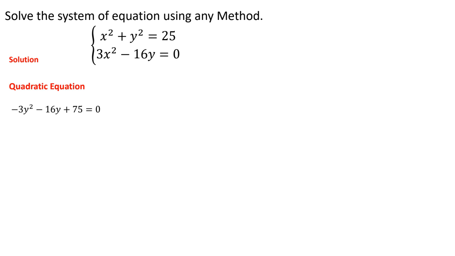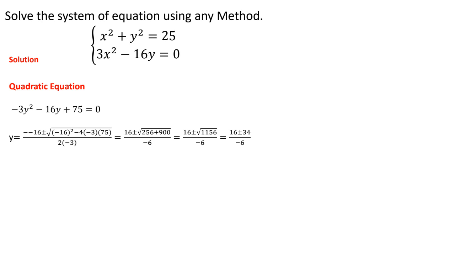We can move all of our terms to one side to equal 0, so we have it in standard form. Now, when we apply the quadratic formula, we're going to get this value, y equals 3.